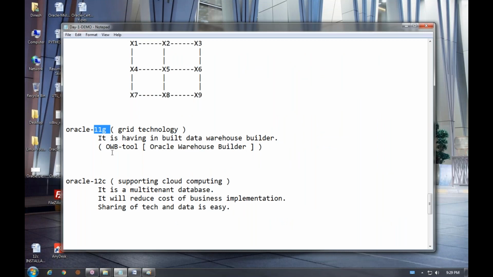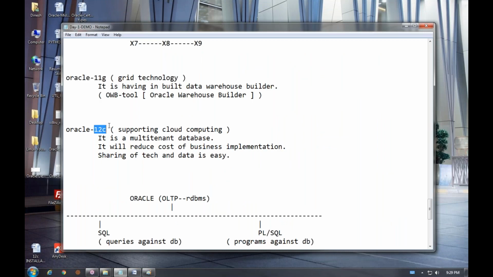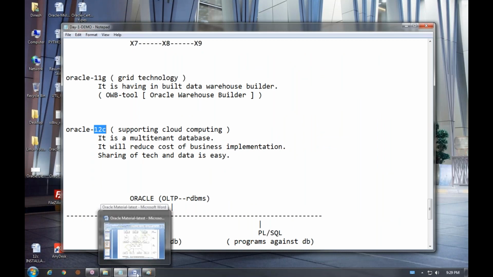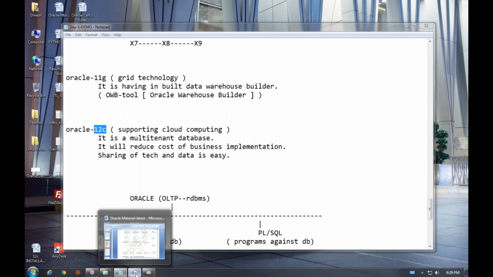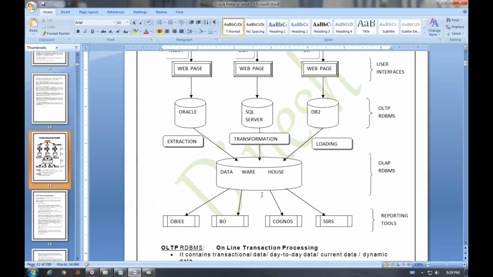Now, Oracle 12C. See, coming to this diagram again. Before discussing 12C, I am coming to this diagram again. Data warehouse is one RDBMS. Similarly, for three branches, I am using three OLTP RDBMSs. So totally, how many RDBMSs are you maintaining?